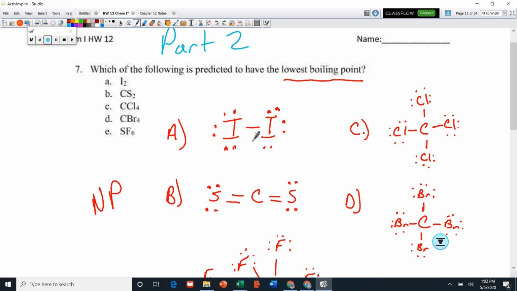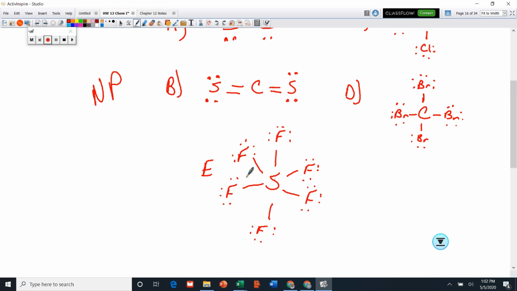Iodine, even though there's only 2 of them here, is a pretty heavy molecule because iodine's pretty low on the periodic table, so it's going to have a lot of protons in it. Carbon and chlorine are pretty small. Carbon and sulfur in general are pretty small. When you compare carbon tetrachloride versus carbon tetrabromide, bromine's a heavier element than chlorine. Now fluorine's much lighter, but sulfur's heavier than carbon.